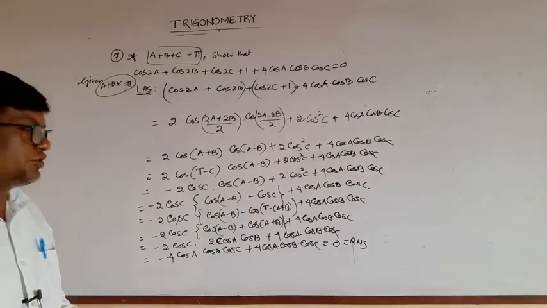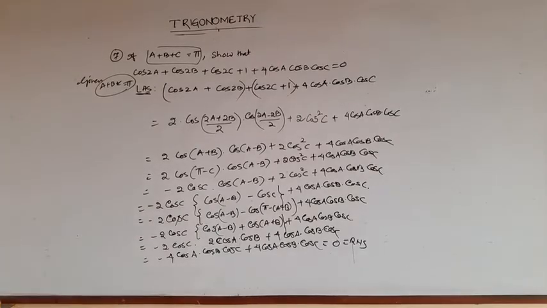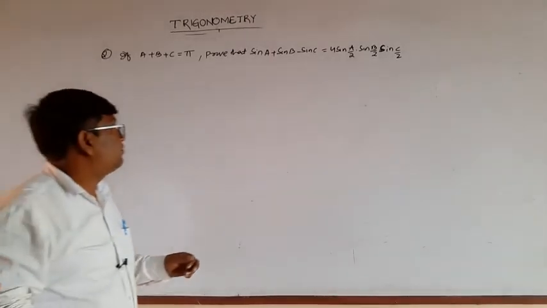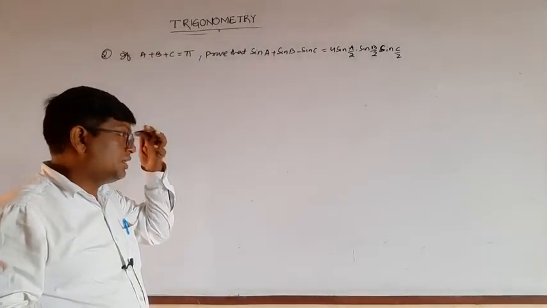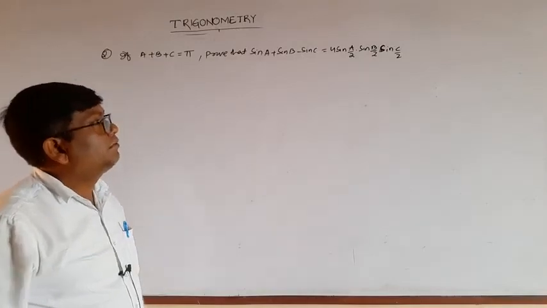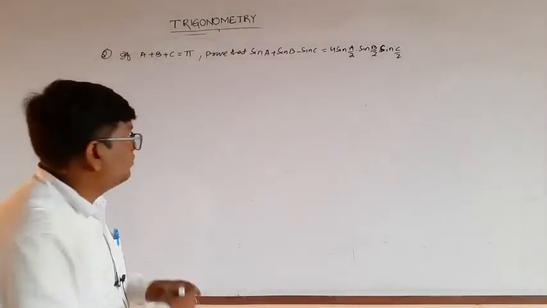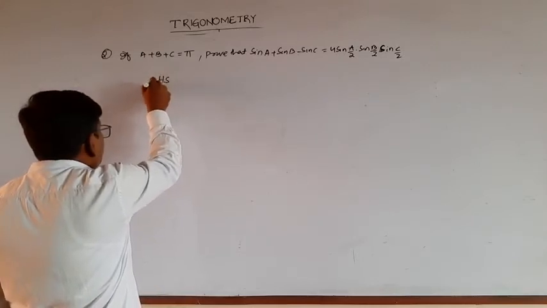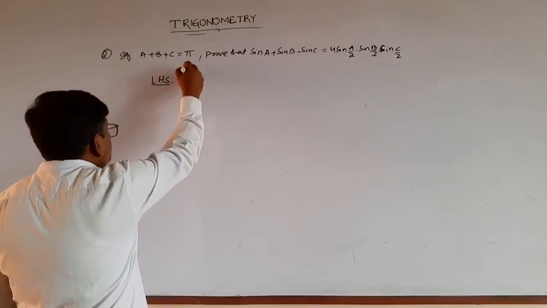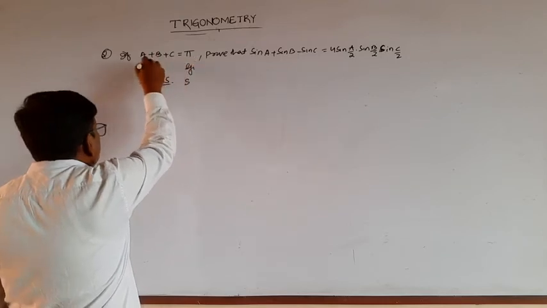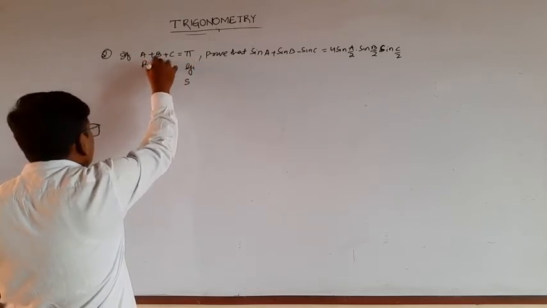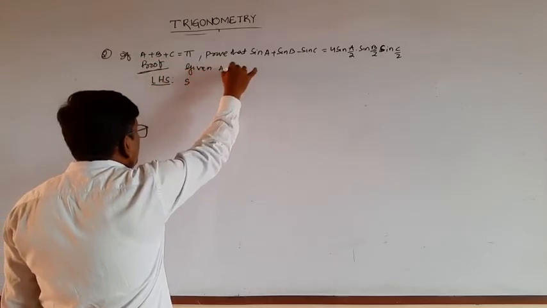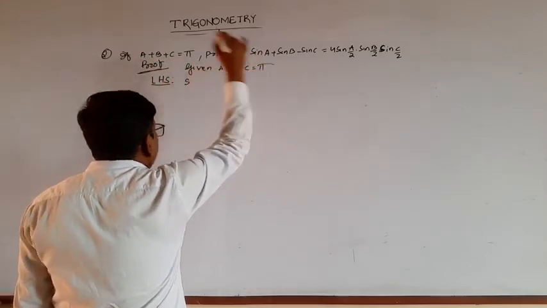Now another question. If A plus B plus C equal to pi, prove that sin A plus sin B minus sin C is equal to 4 sin A by 2 sin B by 2 sin C by 2. So left hand side: first given A plus B plus C is equal to pi.